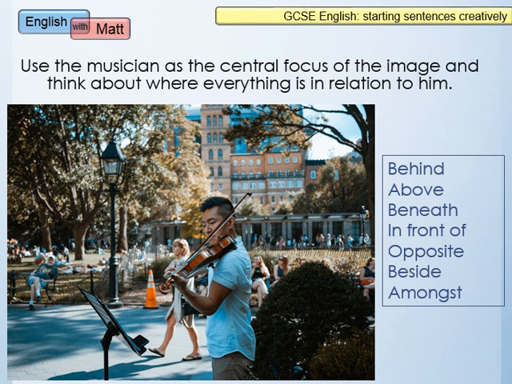And on the right hand side we have 7 prepositions: behind, above, beneath, in front of, opposite, beside, and amongst. What I'm going to show you in this first example is how we can use those prepositions as the first word of 7 sentences to show the confidence in how we construct a sentence in terms of the word order.